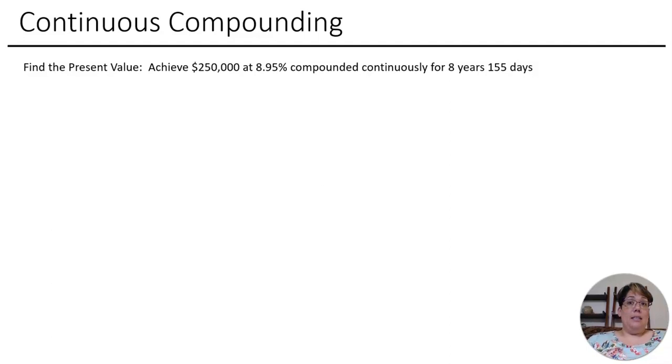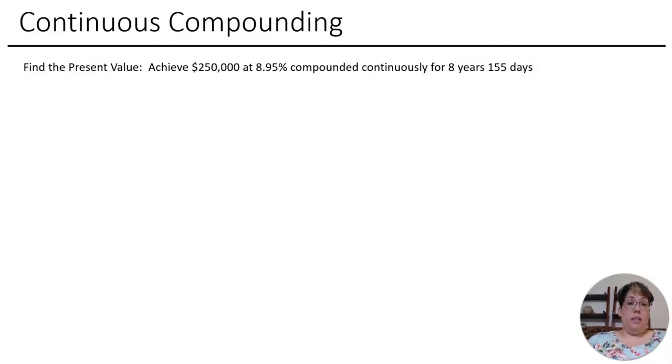That is the difference. Anytime you see continuous compounding, you're going to use 365. That's the only time you use 365. I do have that note in your formula sheet, so just make sure that for continuous compounding, you use 365.